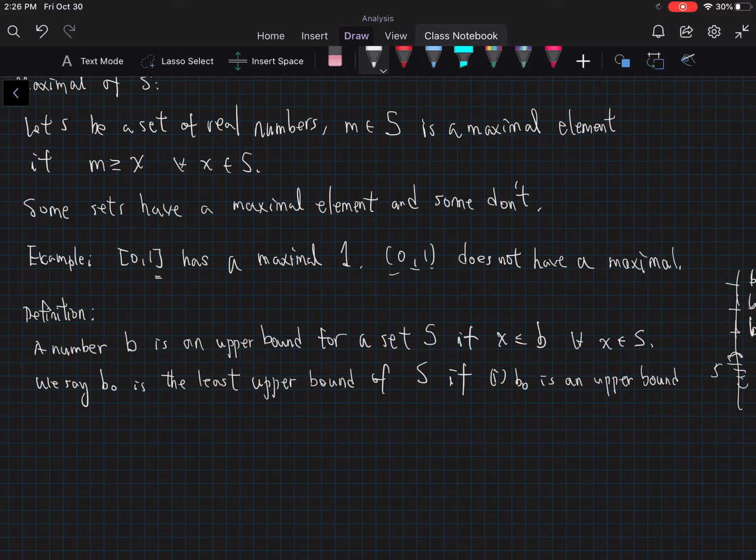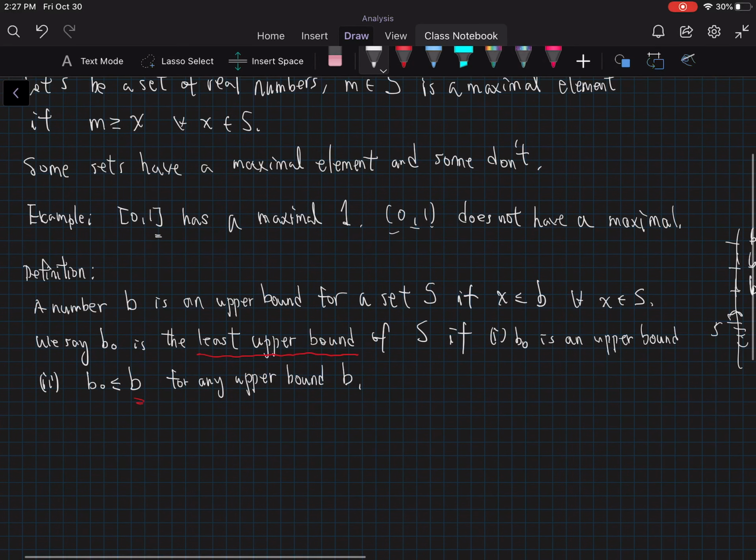Second of all, B null is less than or equal to B for any upper bound B. So by definition, the least upper bound. If B naught is an upper bound itself, and secondly, B naught is less than any other upper bound, it's called the least upper bound.